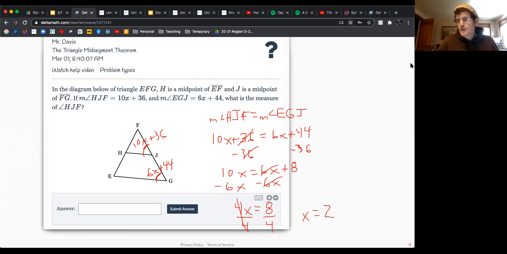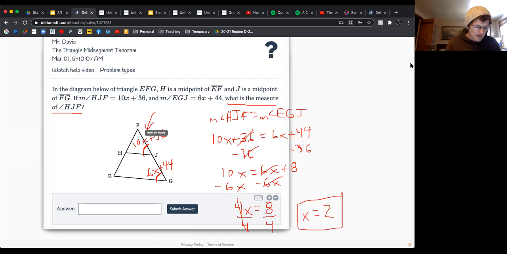And here's where we need to be careful, because with the last two problems we did on the worksheet, that's our answer. That's what they asked for. But this is not our final answer. Notice up here, the question is, what is the measure of angle HJF? So what do we need to do? We need to plug this 2 back into that angle right there.